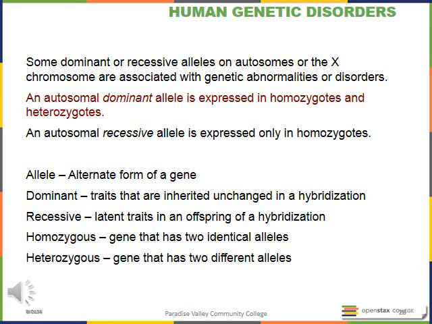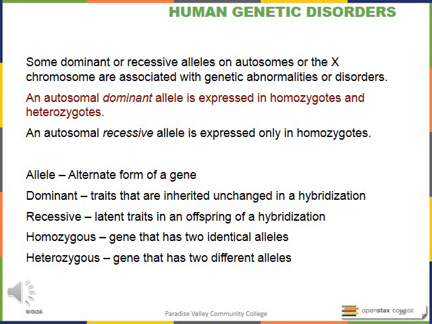So let's back up a little bit. Homozygotes are genes that have two identical alleles. If those alleles are identical and they happen to be recessive on your autosomes, then they're going to be expressed, because there's no dominant trait there. Recessive is the only thing there because it's a homozygote, which means both of them are recessive.